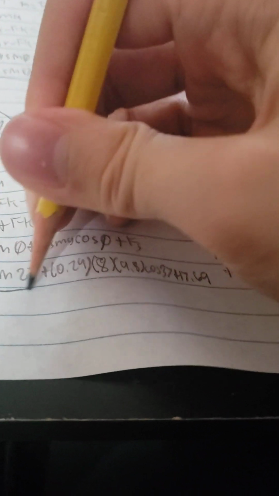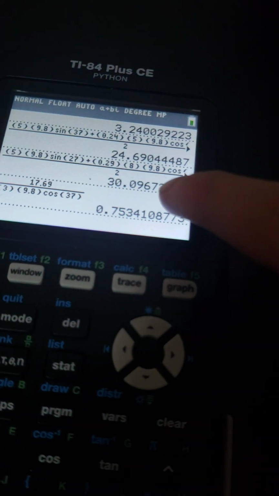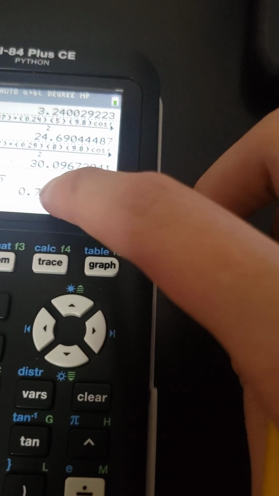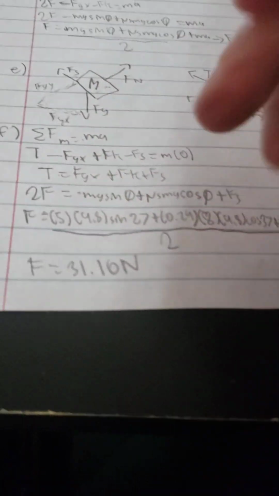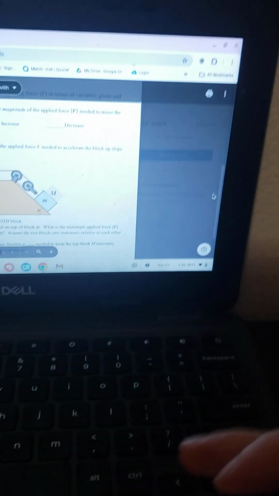And then we divide all of this by 2. So our net force will be 30.09, but we'll just say it's 30.10 if we round it up. So our force, 30.10 newtons, no direction because there is an absolute value sign on there.